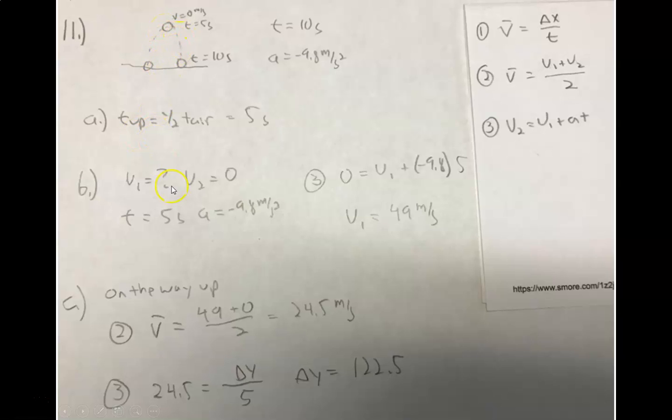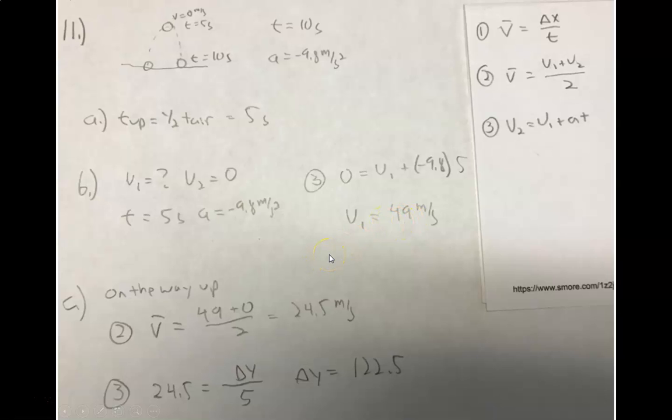So we use equation 3 again: 0, which is V2, equals V1, which we're trying to find, plus A times T. Now we use 5 seconds because it's 5 seconds from the bottom to the top. And we get that our V1 was 49 meters per second.